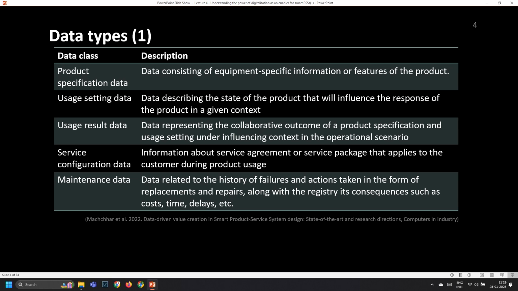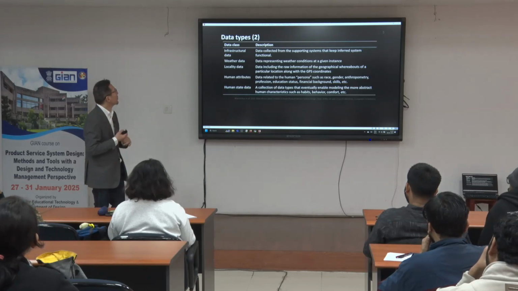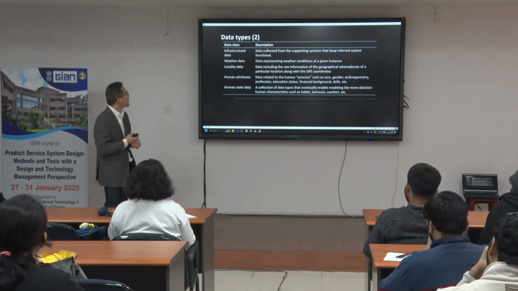Service configuration data. Obviously, in the PSS context, service is part of the offering, and how the service agreement is made and so on is also very relevant information. Maintenance data relates to the repair, maintenance, and so on of the product in question. Okay? Any question? I think they're very straightforward.